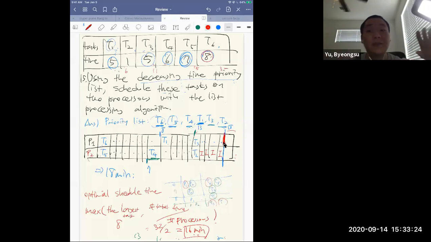Usually if you have many tasks, the optimal schedule should be determined by the second case. But if the tasks are small, or some task has the biggest number, for example, maybe T6 takes 18 minutes and all other tasks are small, then T6, the 18, is the optimal case.